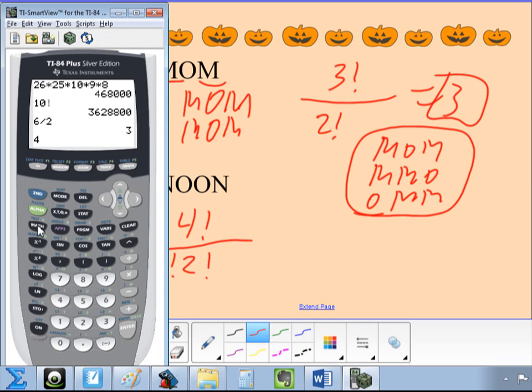So you're going to do 4 math probability factorial divided by, and you've got to put that denominator in parentheses or you'll get a wrong answer, 2 math probability factorial times 2 math probability factorial. Close up those parentheses. And there we go.